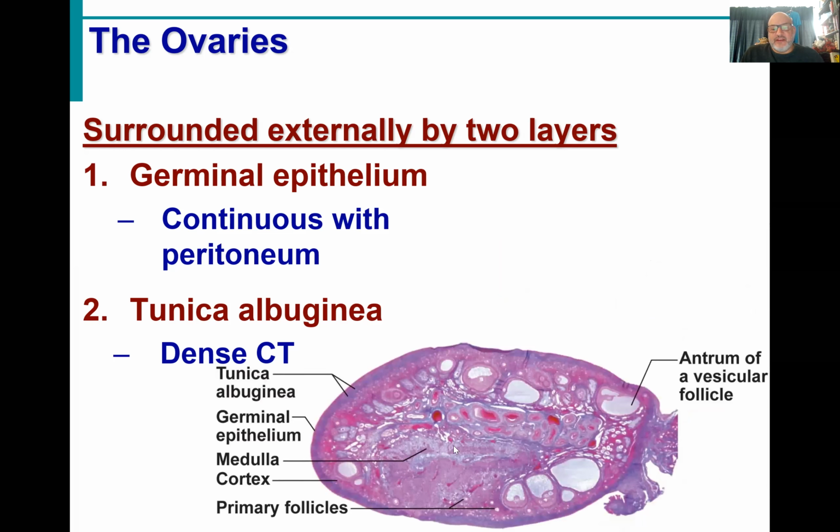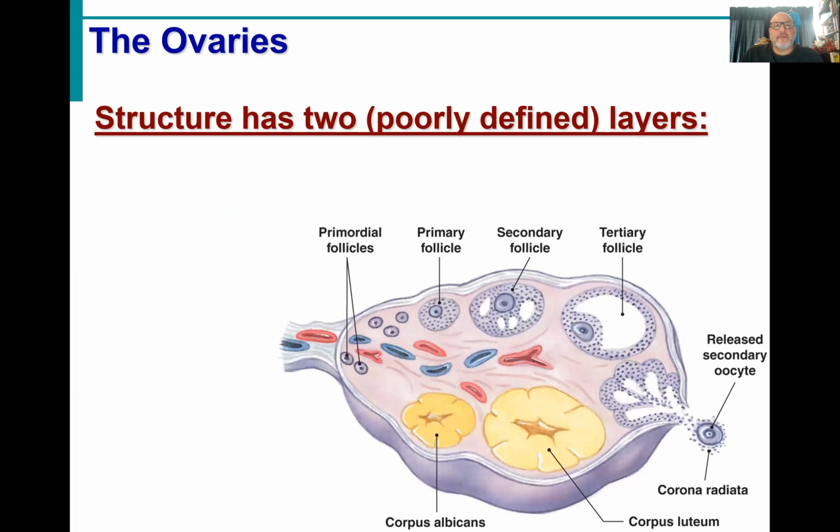Here we see the same thing in a real ovary as well. Here is a simpler illustration, but again, it does a nice job of showing us these distinct regions. We have the inner region, and I'll use my highlighter this time.